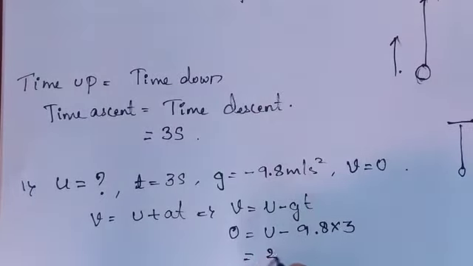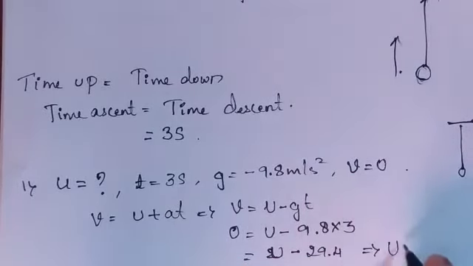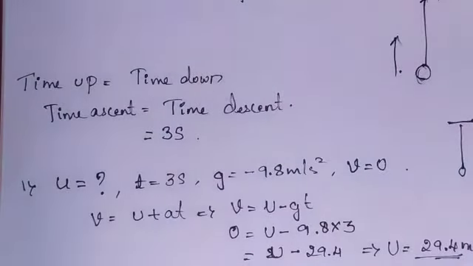If I do that, I get U minus 29.4. So what will be the U value? U value will become 20 plus 29.4 meter per second. So this is the U value, that is, the velocity with which the ball was thrown here.